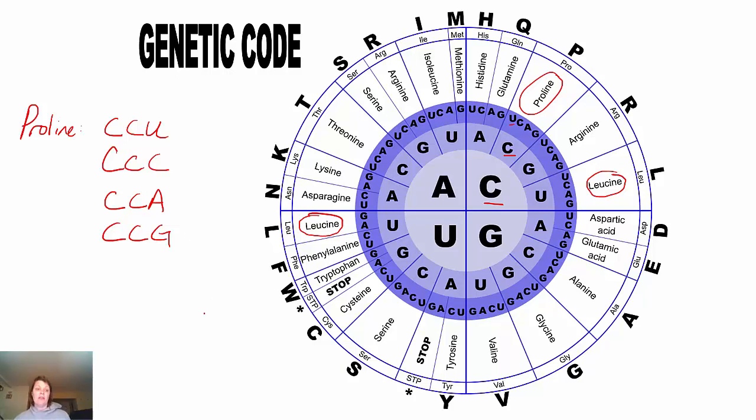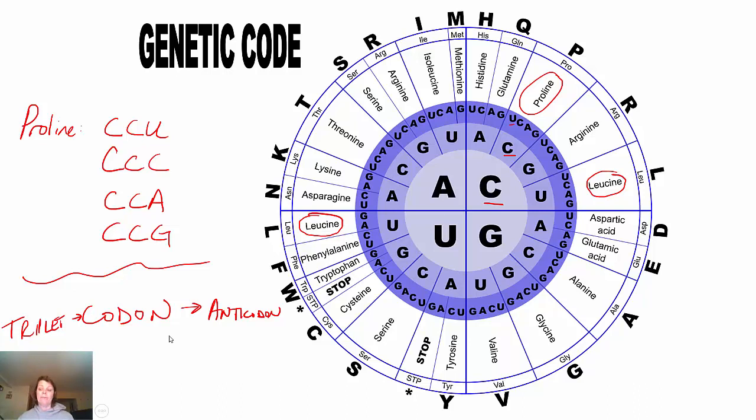And then obviously, if I give you a codon, you need to be able to tell me the anticodon that would link with it when the tRNA is bringing that amino acid there. Okay? And quite frankly, you also need to be able to go from triplet from our DNA to codon to anticodon and vice versa. Okay, that'll do it for this installment.